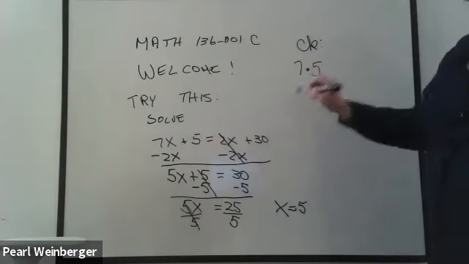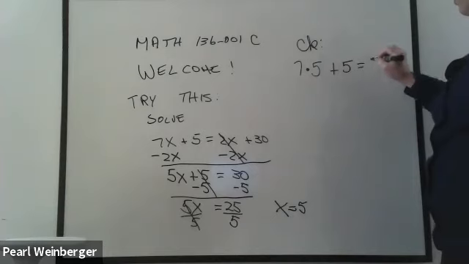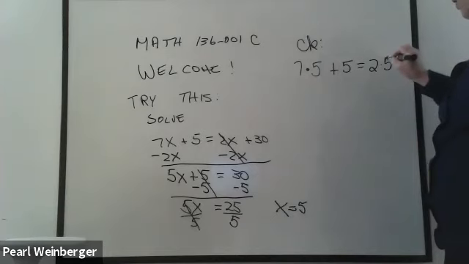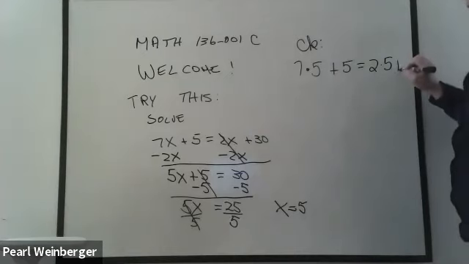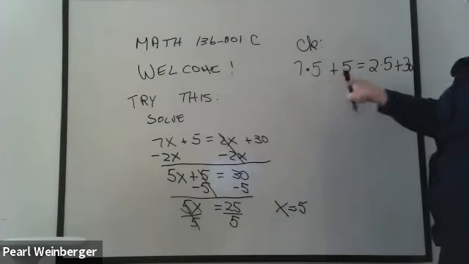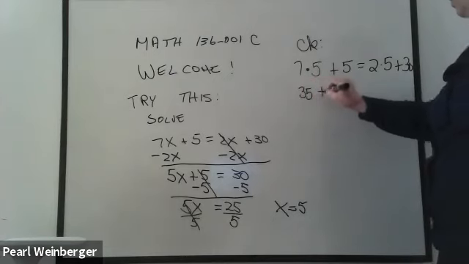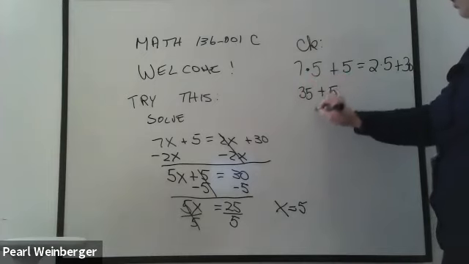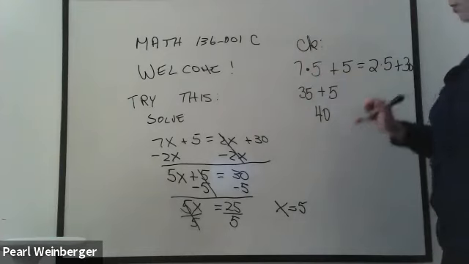So this will be 7 times 5 plus 5 equals 2 times 5, because my x we now just said is 5, plus 30. Now 7 times 5 plus 5 is 35 plus 5, which gives me a total of 40 on the left side.